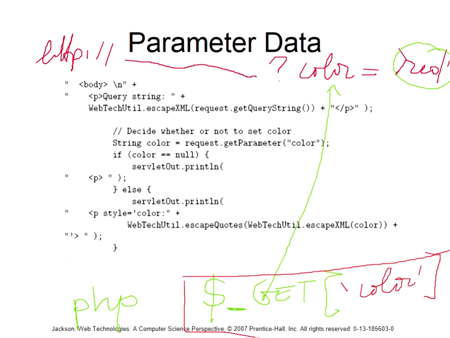In a servlet, we write request.getParameter("color"). It is clear.